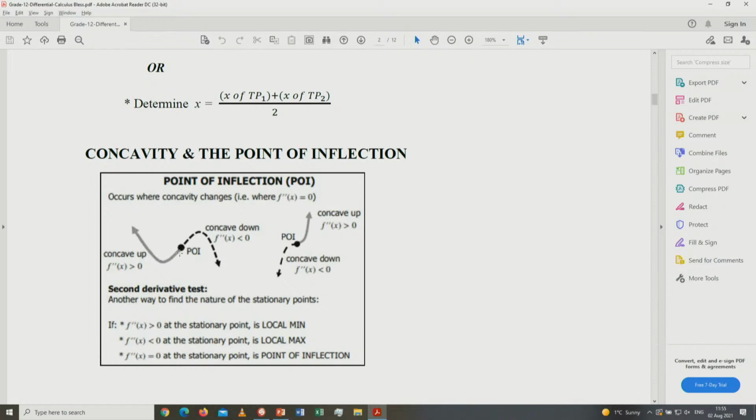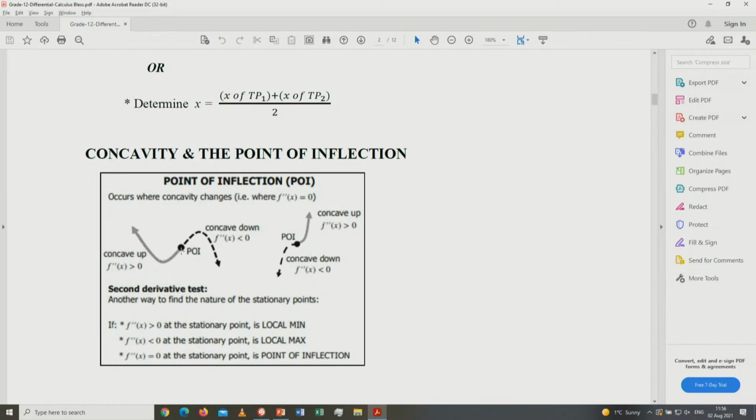You should also remember, learners, that for concave up, the second derivative of x is greater than 0. Now from there, here is the point of inflection, which is obtained by determining the second derivative, equating it to 0, and solving for the value of x.